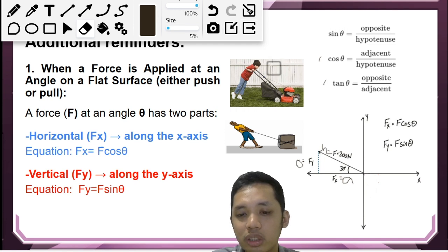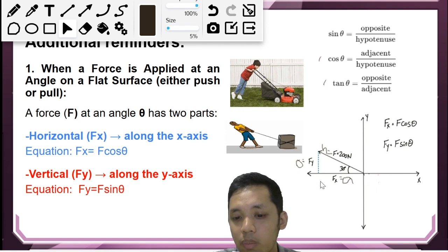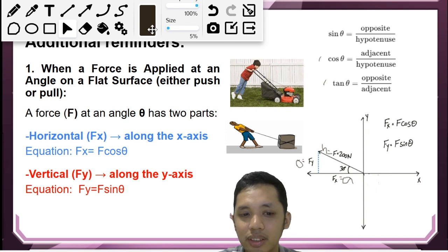So we will just choose between cosine and tangent. Now, since in this situation, we already have the hypotenuse, which is the overall force applied by this person, then we choose the equation that has hypotenuse.